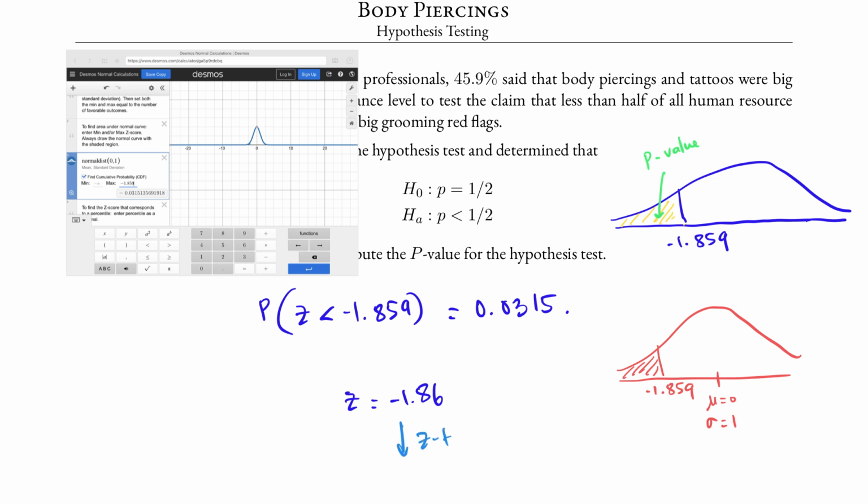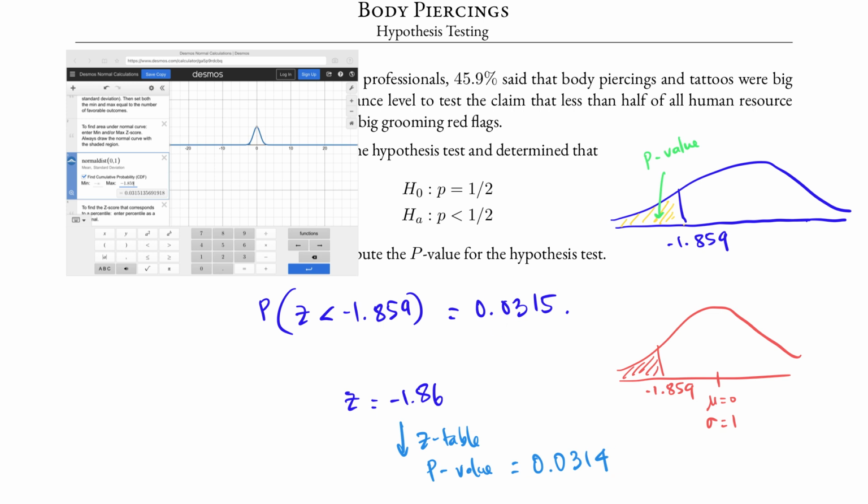The corresponding p-value on the left-hand side of the z-score will be 0.0314. The reason we get a different p-value using technology versus the table is because with technology, the value is more accurate.